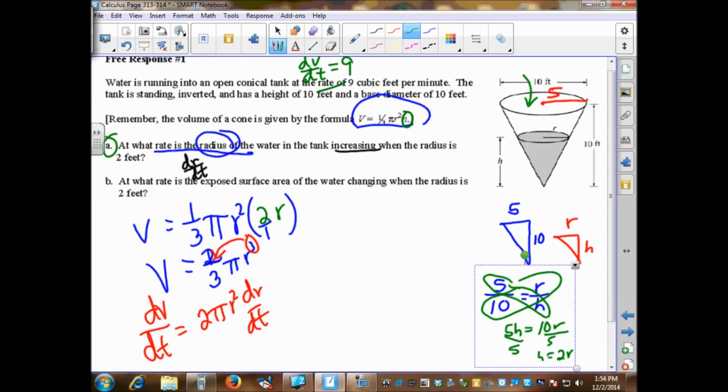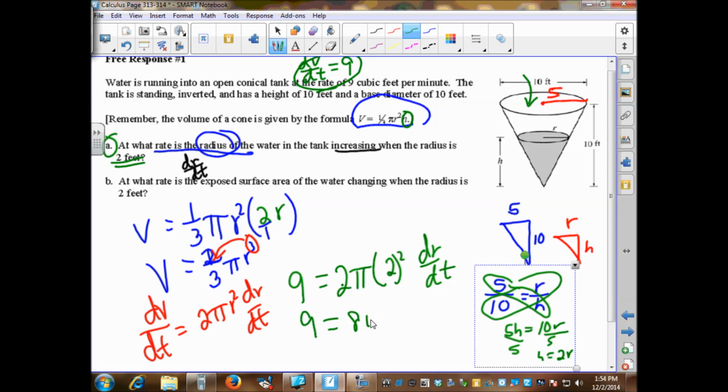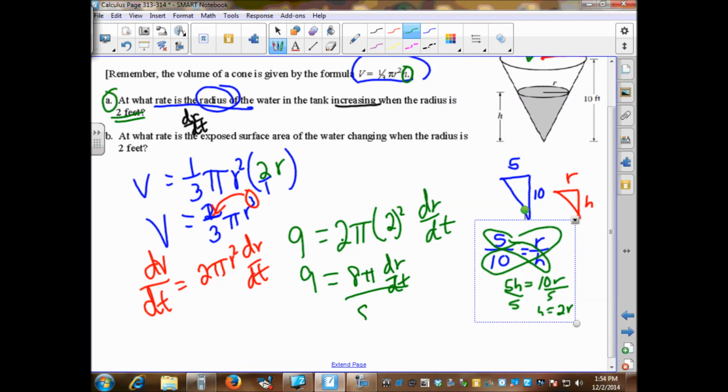We know that dV over dt is 9, equal to 2 pi, radius is 2, and we are looking for dr dt. So we have 9 equal to 2 times 4 is 8 pi dr dt. We divide by 8 pi. So on the AP, I would say my final answer was 9 over 8 pi.